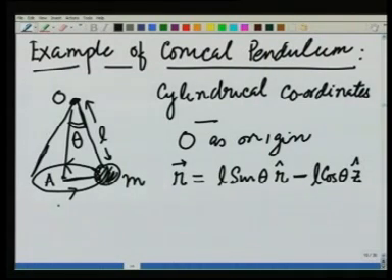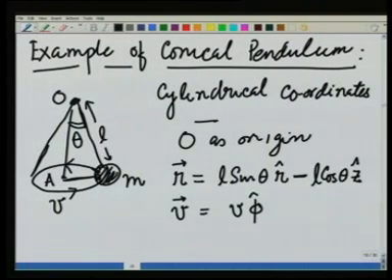Let me also say that this bob is moving with velocity v in the circle. v is always in the phi direction. So, velocity v is equal to the magnitude v times the unit vector phi.